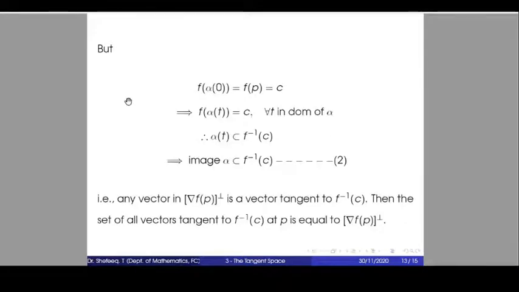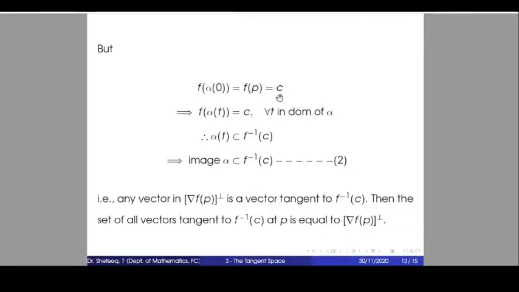But alpha of 0 equal to p, so f of p is equal to c. So f of alpha of t equal to c for all t in the domain of alpha. Therefore alpha of t is in f inverse c, so the image of alpha is contained in f inverse c.